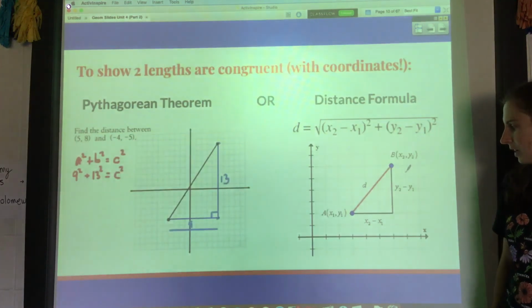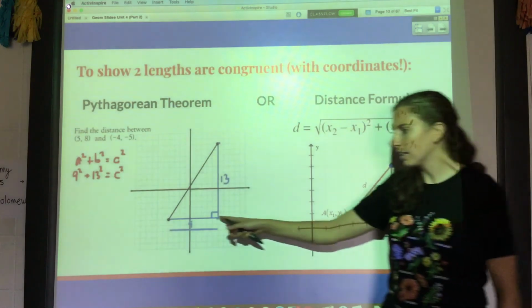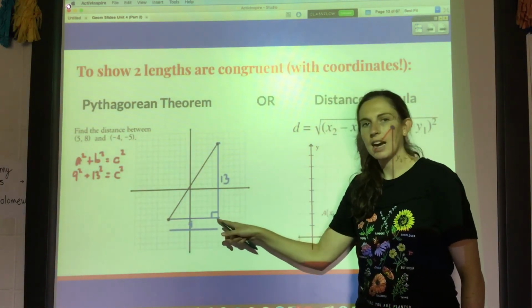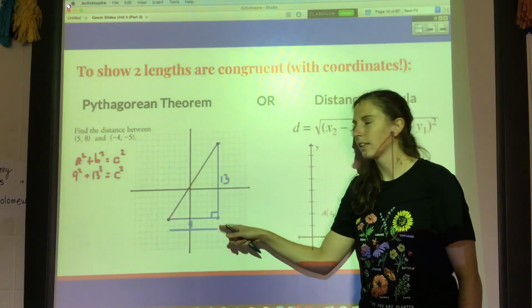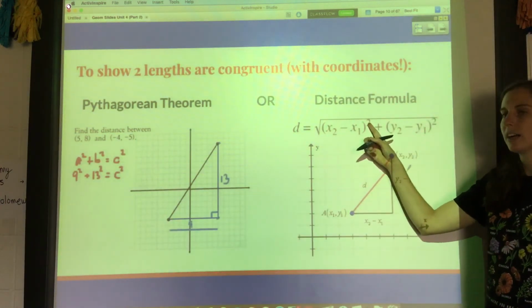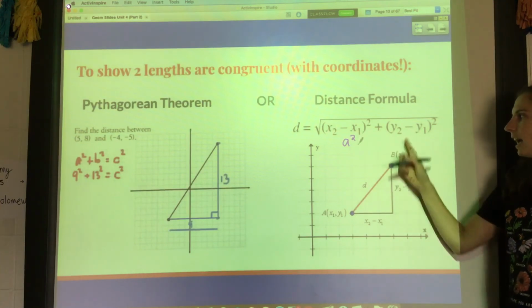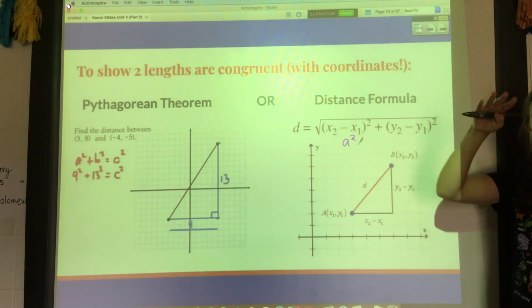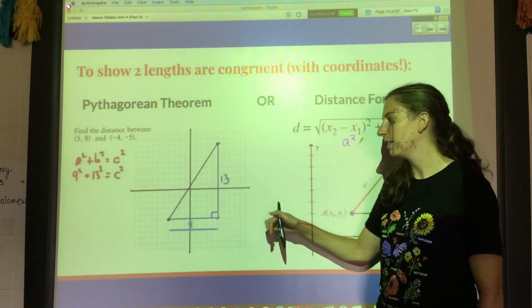For example, x2 minus x1 is basically just finding the length of this side. Like you take x minus x and it finds this length. And then you square it, and that's basically like doing a squared. And then this finds the distance between the y values, which is basically just like counting up how tall it is.